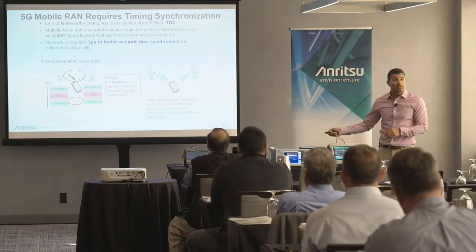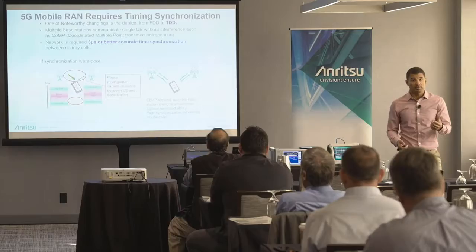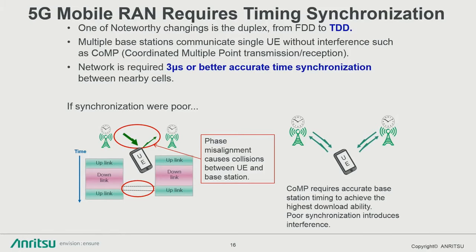So what happens here, and this is the example that we're showing on the left, is if you don't have good synchronization between multiple sites, one site thinks you're supposed to be on downlink, the other site thinks you're supposed to be doing uplink at that same time slot. So what happens? You have a phase misalignment, which causes collisions. This is when you start dropping service. This is when you start seeing degradation in your service.